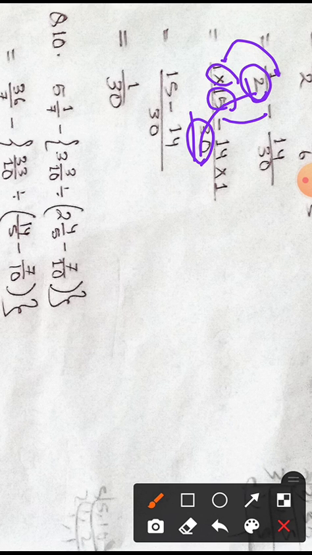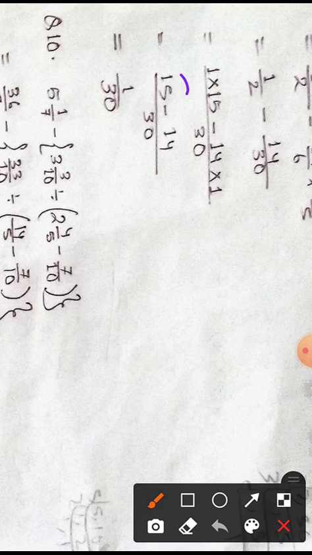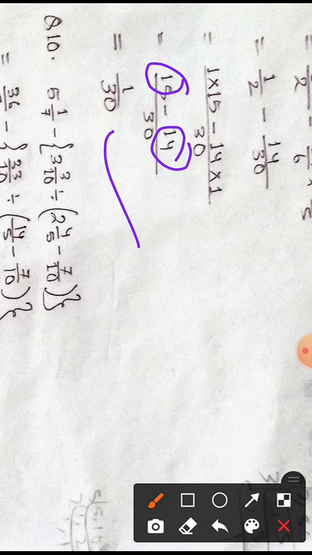Now bring the minus sign down and write 14 here, then multiply 14 by 1, because 3 tens are 30. So 1 fifteen is 15, then minus 14, 15 minus 14, 1 by 30. So your final answer is 1 by 30.